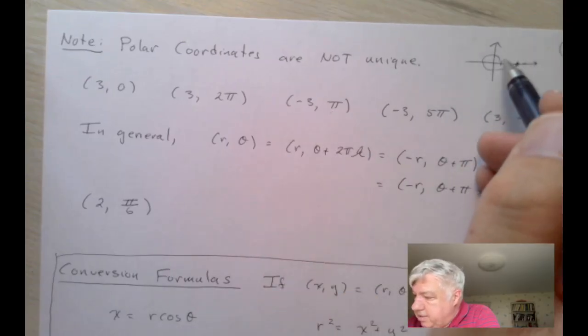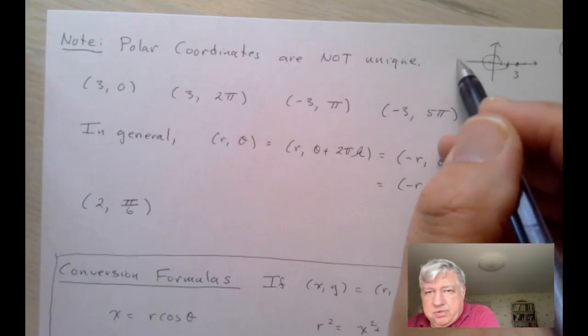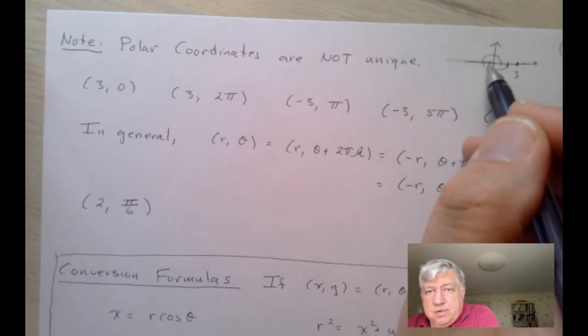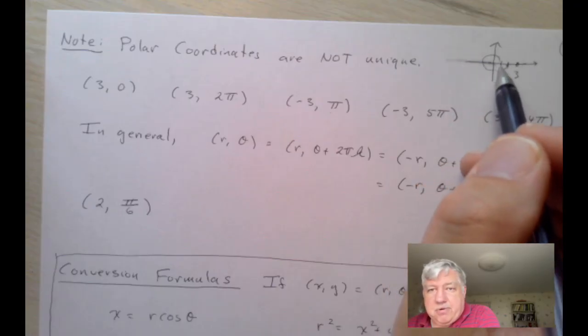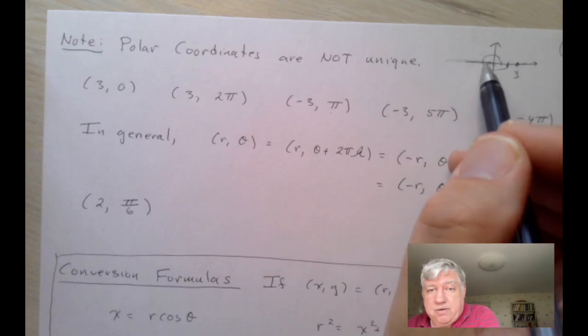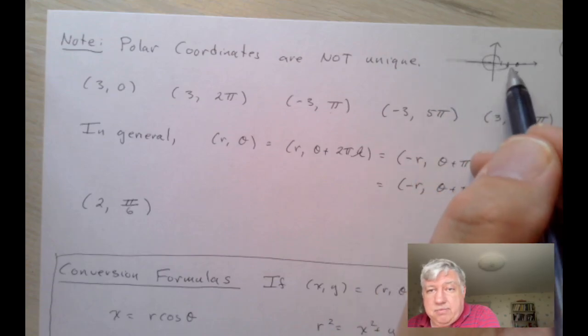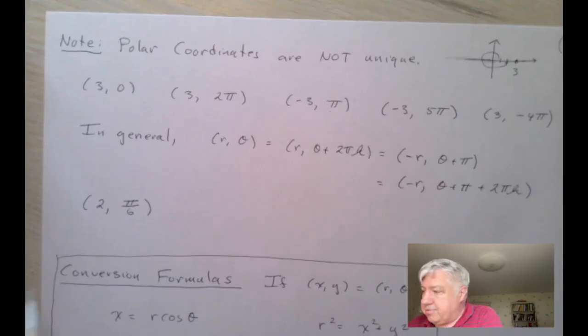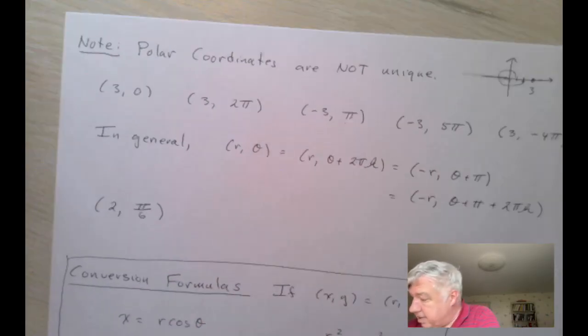In this case, theta is pi, so that would normally correspond to this part. But r is negative, so we're going in the other direction. Even though theta is pi, we go 3 units in the opposite direction and get this point.